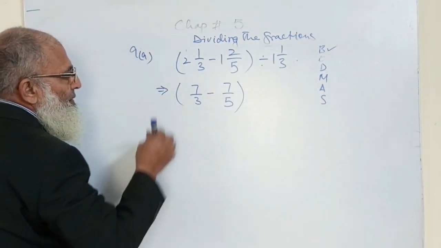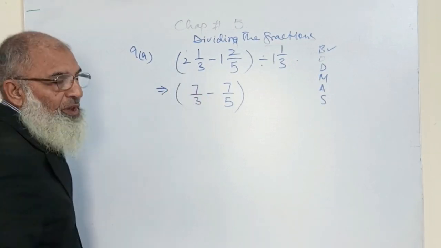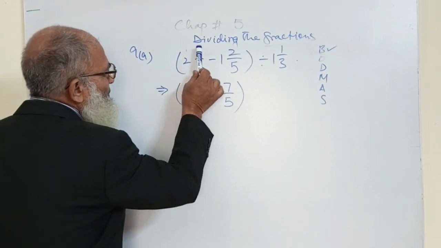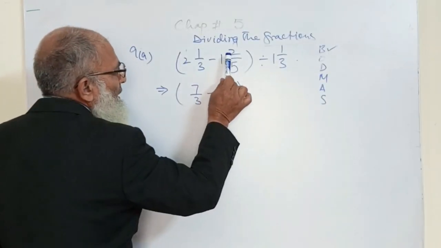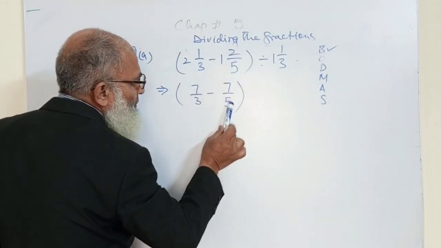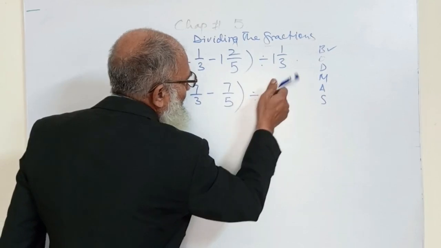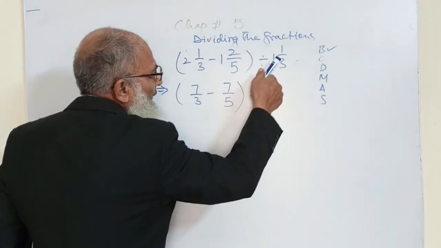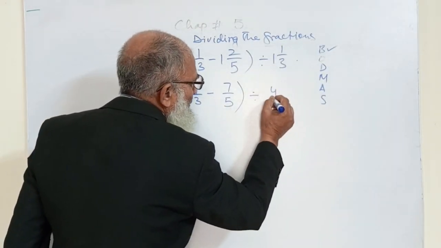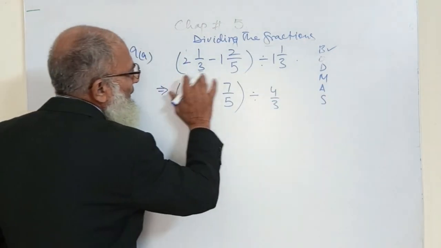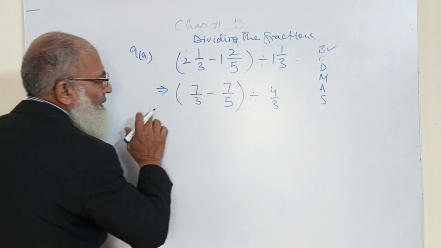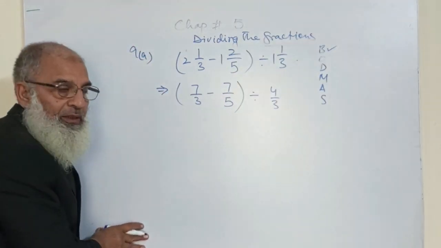Close the bracket. Again check it. 3 2 times 6, 6 plus 1 is 7, 7 upon 3; 5 1 times 5 and 6 and 7, 7 upon 5; divided by 3 1 times 3 plus 1, 4 upon 3. All the mixed fractions are converted into improper fractions.